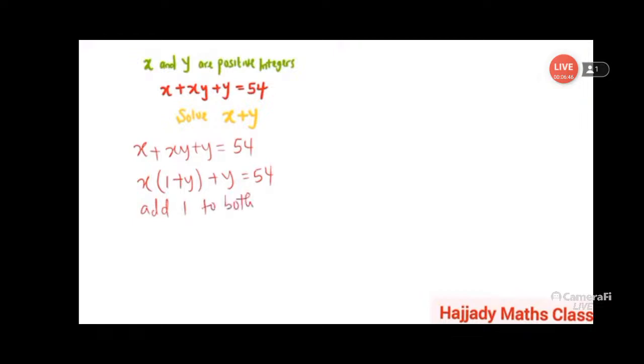So adding 1 to both sides, here we have x(1 + y) + 1 + y = 54 + 1. So with this, we can have x(1 + y) + 1 + y = 55.